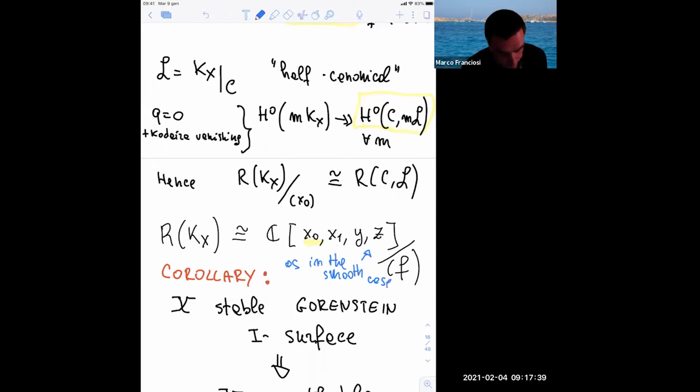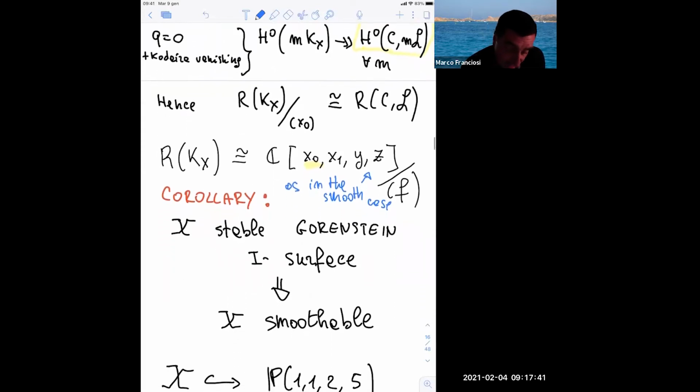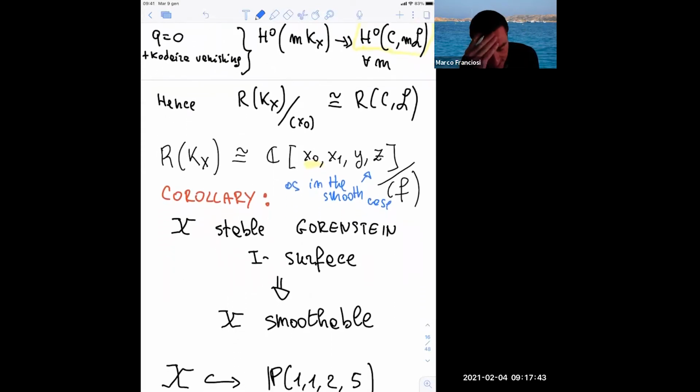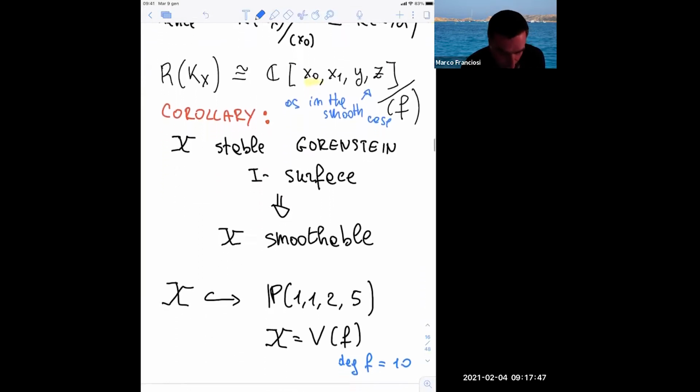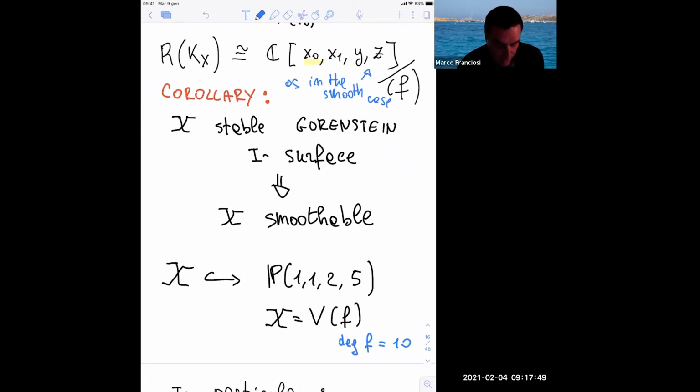As a corollary, we obtain that if X is a stable Gorenstein surface, then X is smoothable. Indeed, we have this injection into the weighted projective space, and X is obtained as the locus of vanishing of F, exactly as in the smooth case.